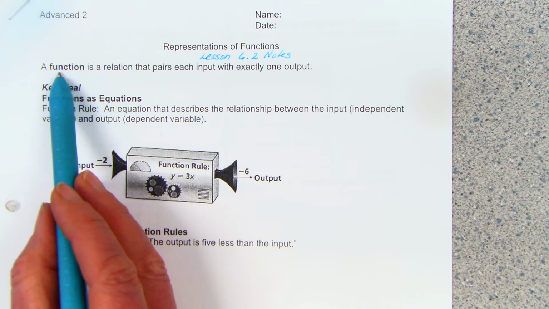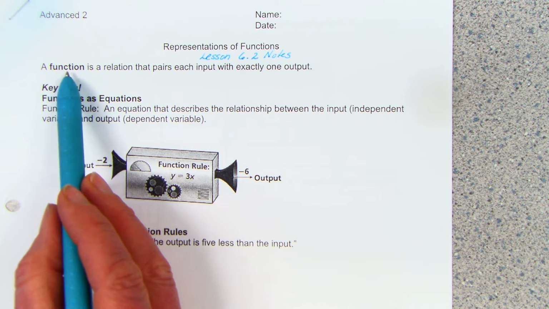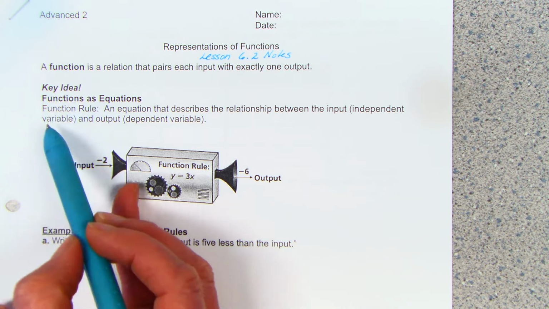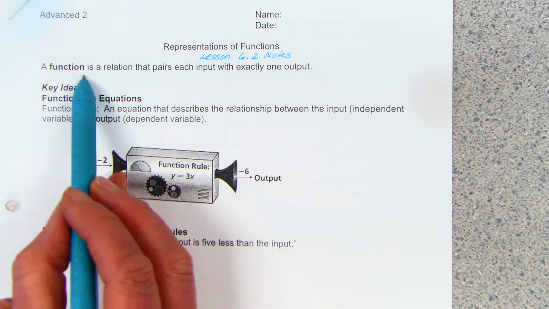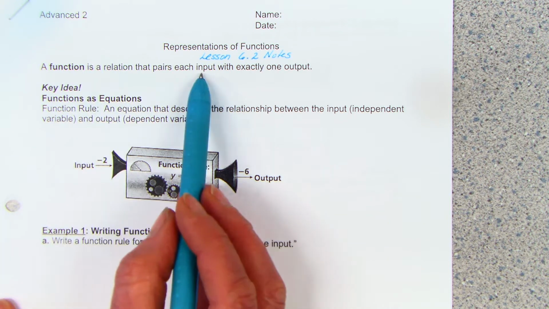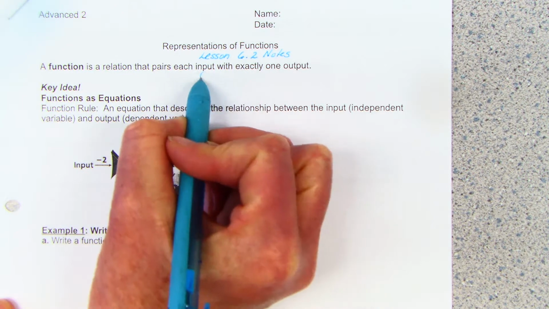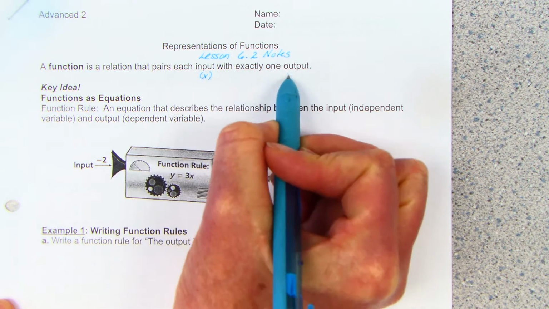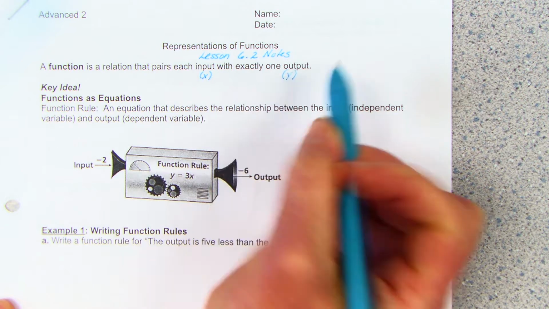And in section 6.1, they introduce a mapping diagram, and I'll show you an example of that in this set of notes also. But the big idea was that in a function, you have a graph where each input, that's the x value, pairs up with exactly one output, which is the y value.